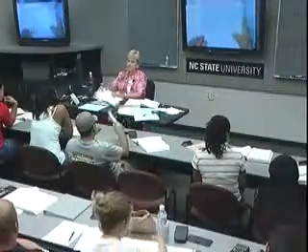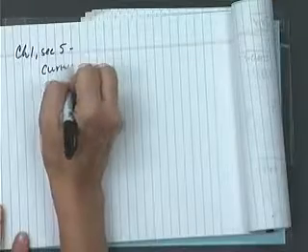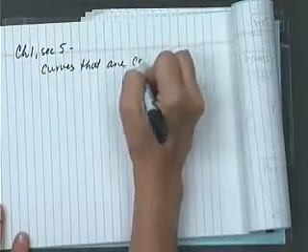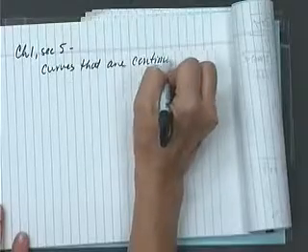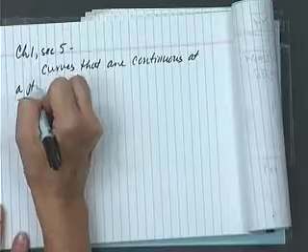What does it mean for a curve to be continuous at a point and differentiable at a point? All right, we're in Chapter 1, Section 5. And the first thing we're going to talk about are curves that are continuous at a point.